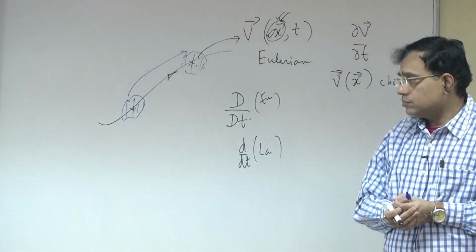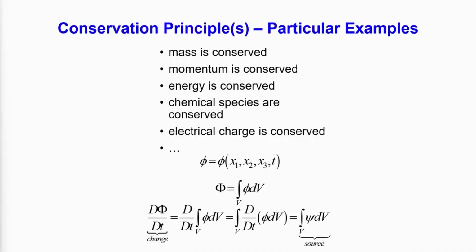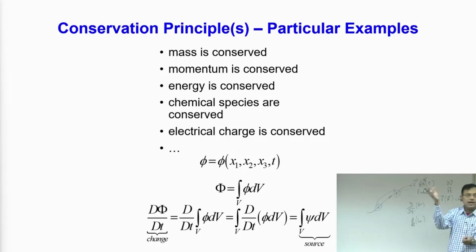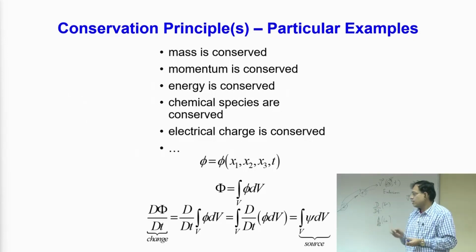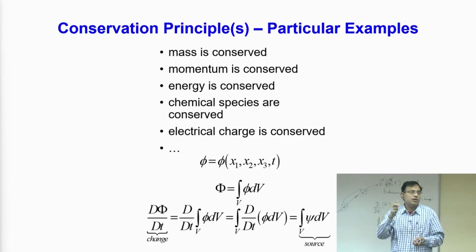That is what we are trying to see, the change, because there is a change as fluid is entering and leaving the control volume. So, the change is given by d dt of this total phi, and this change is nothing but what? This change is in minus out.